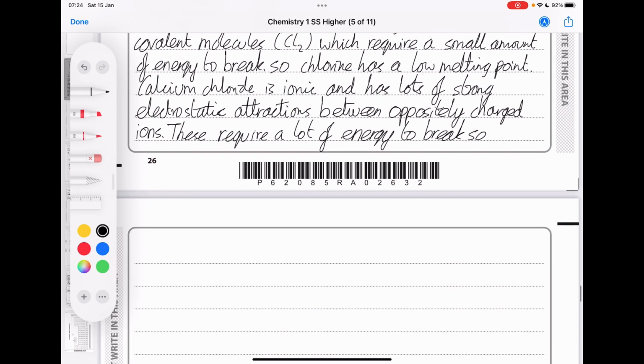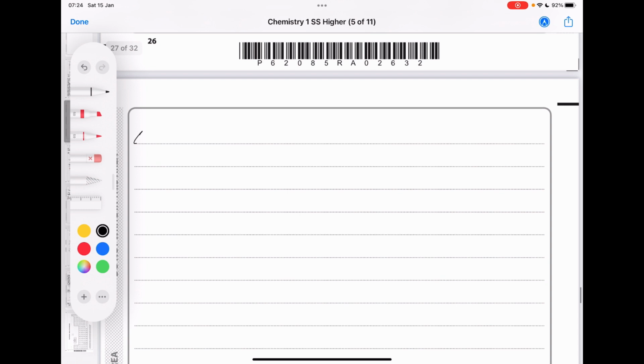So, calcium chloride has a high melting point.